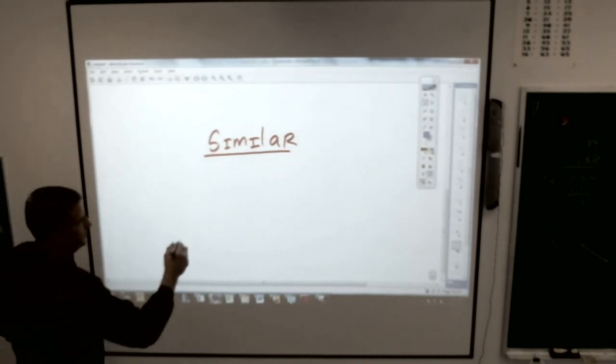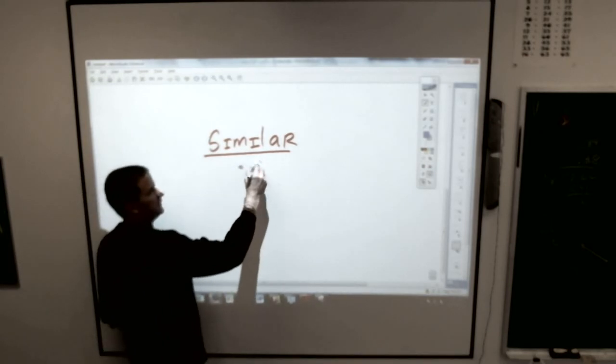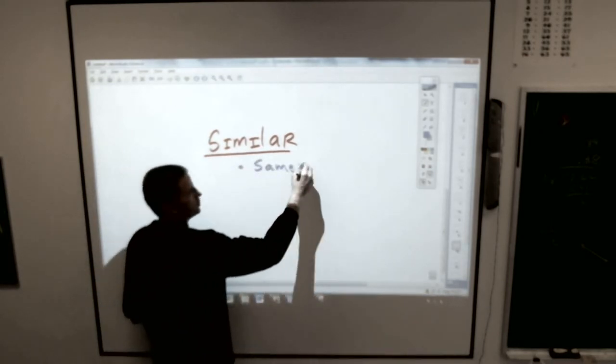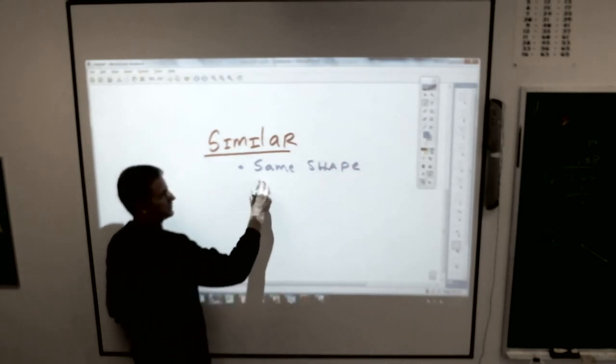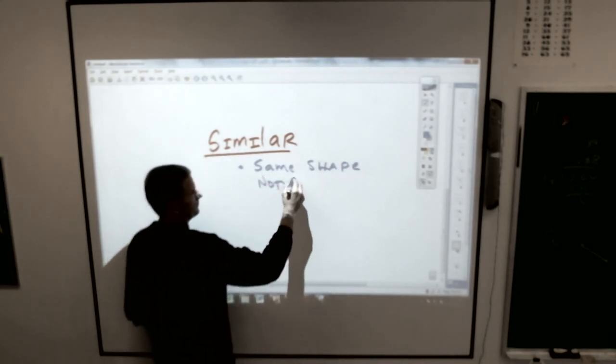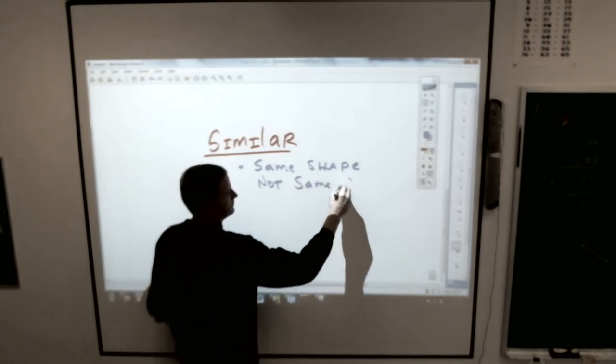The word similar in math means the same shape, but not necessarily the same size. Although it kind of could be.